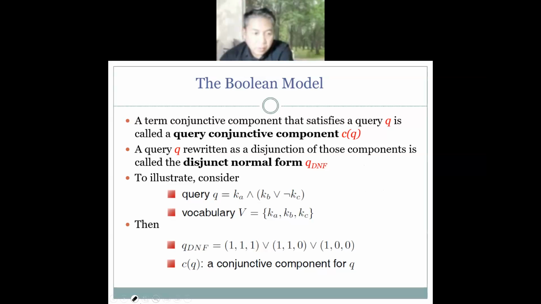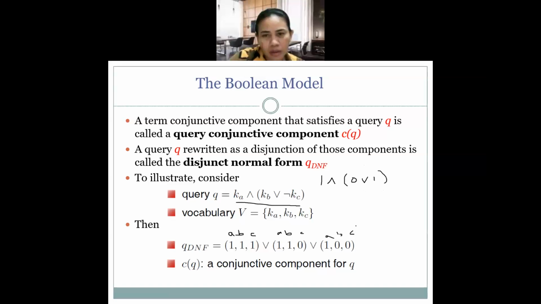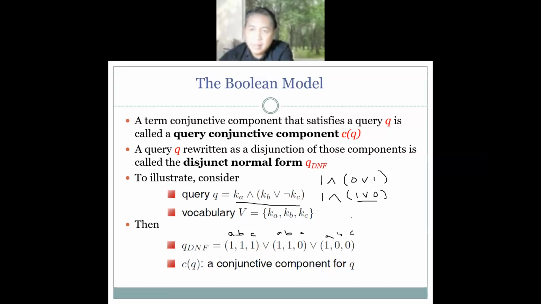They could sequence this. So this is your A, this is your B, this is your C. This is A, B, C, A, B, C. Remember that for this one to be true, you can have 1 and 0 or 1, or 1 and 1 or 0, because this becomes 1. 1 and 1 is 1.